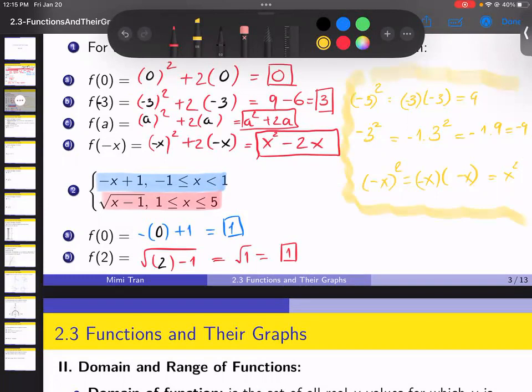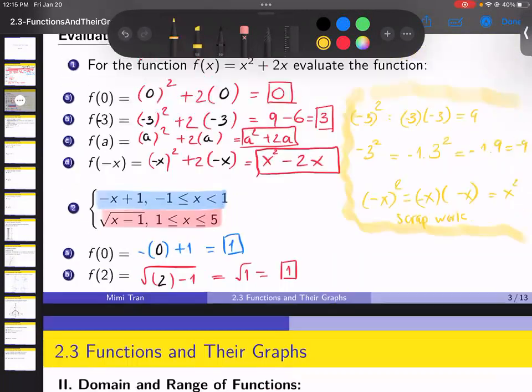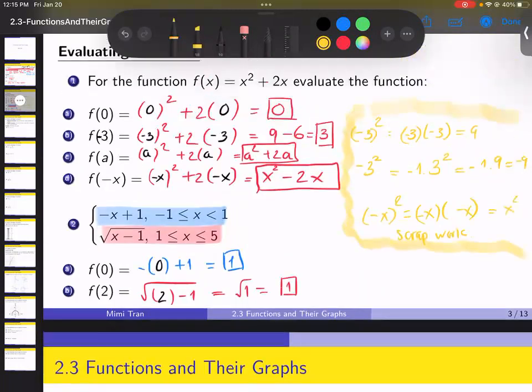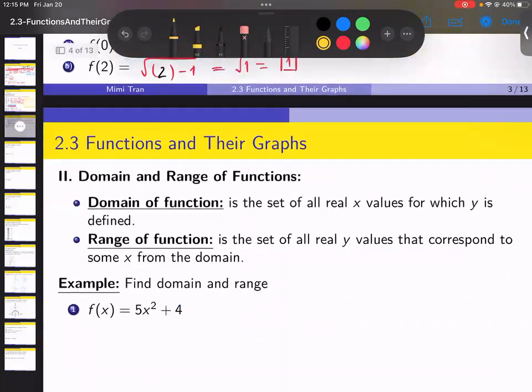Scrap work. Scrap work's not important. Very easy. Let's talk about the domain and range of the function.